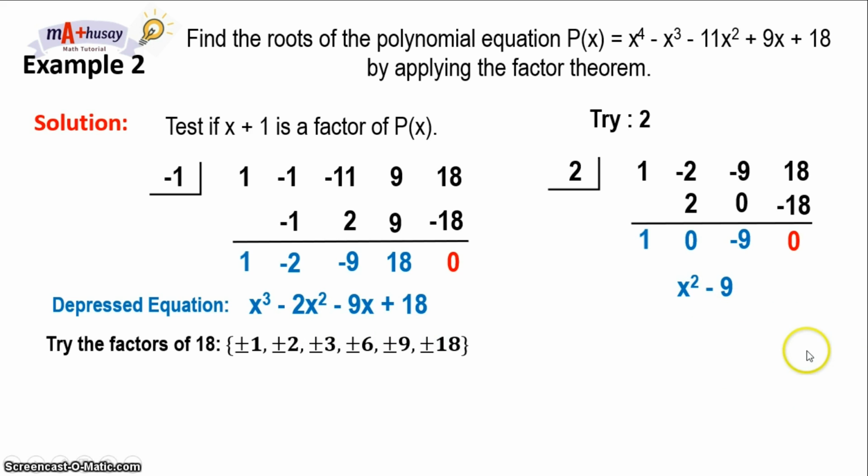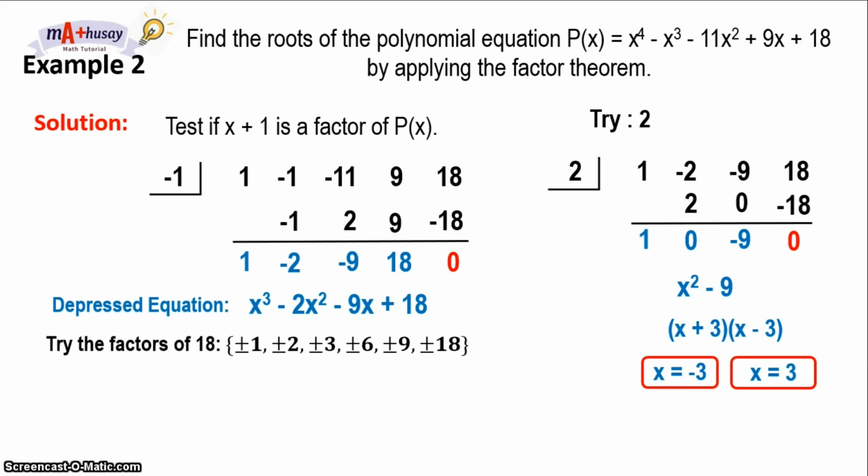Take note that x squared minus 9 can be factored as the quantity x plus 3 times the quantity x minus 3. Solving for x, we have x is equal to negative 3 and the other one will be positive 3.